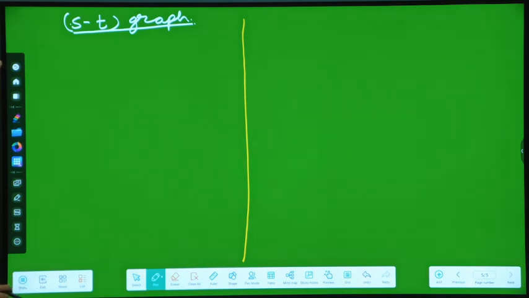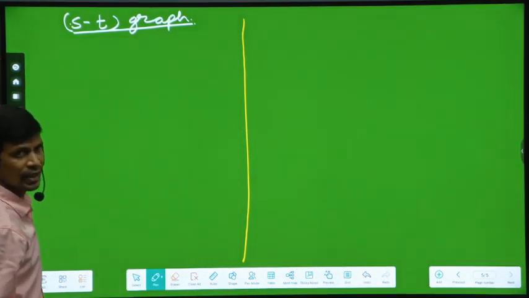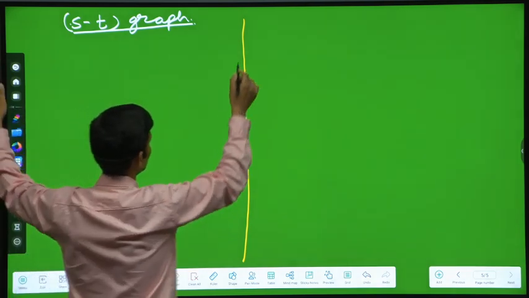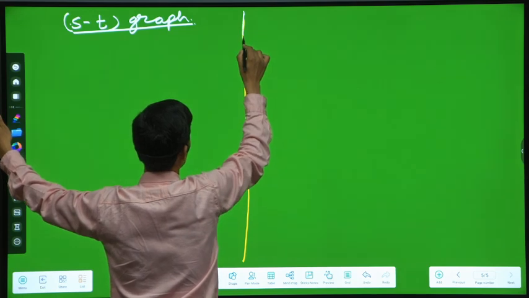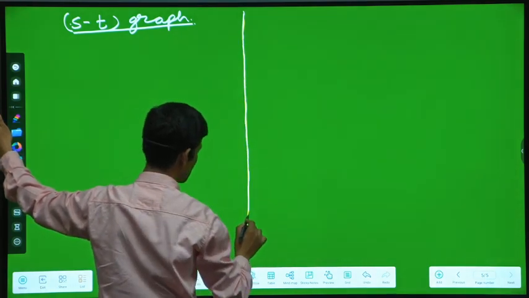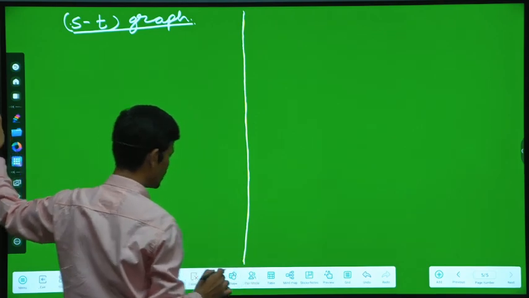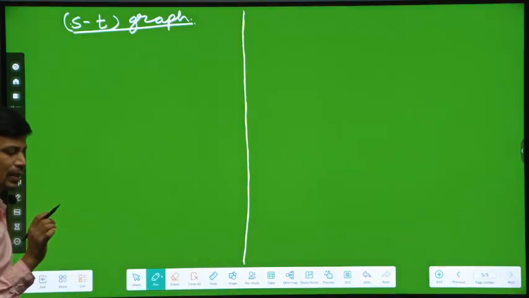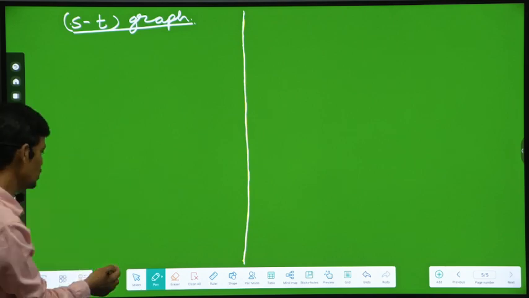Position time graph it is called, sometimes distance time graph, sometimes displacement time graph. I like the term position time graph. In some cases distance time graph and displacement time graph are alike, but there is a difference, but I will reveal it later on.